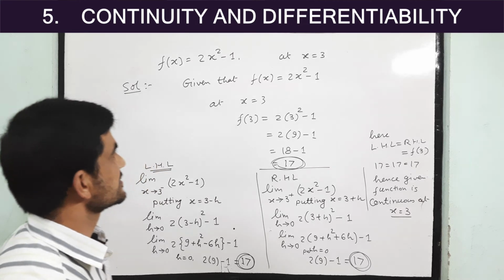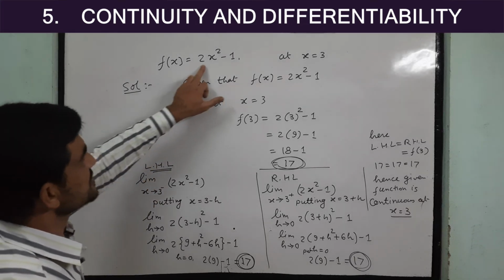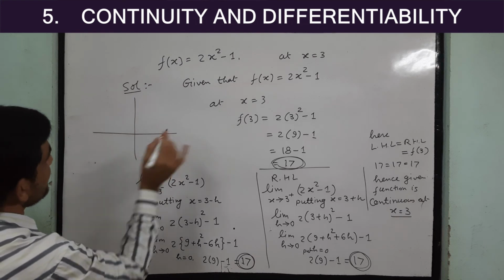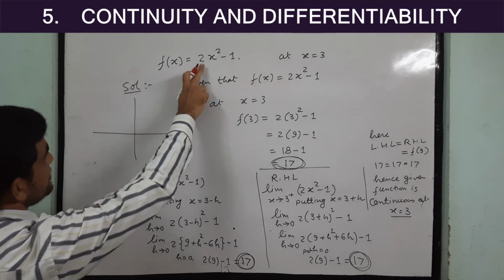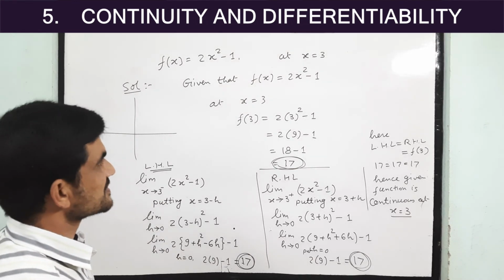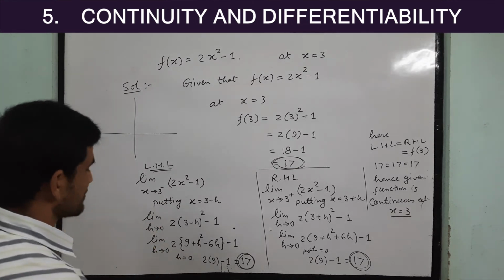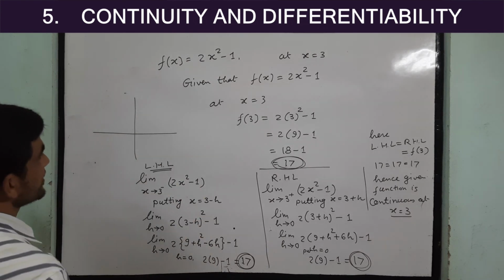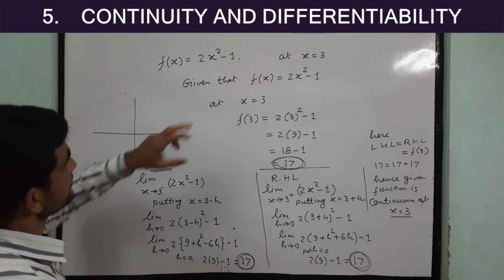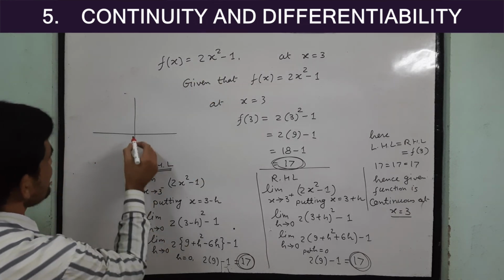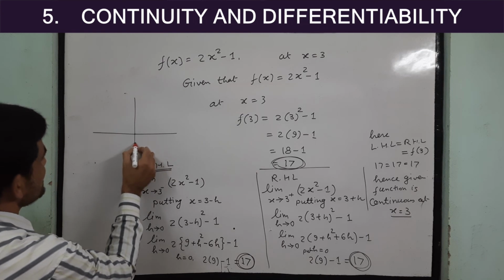Clear? Now let's see the graph of this function, f(x) = 2x² − 1. It is not compulsory to draw, just for knowledge I am showing you. When you put x = 0, you get y = −1.